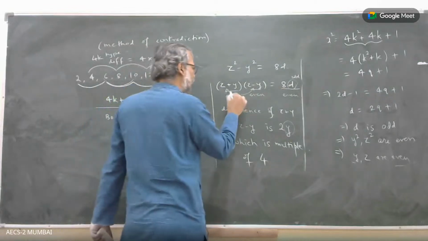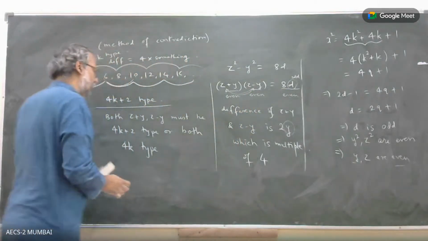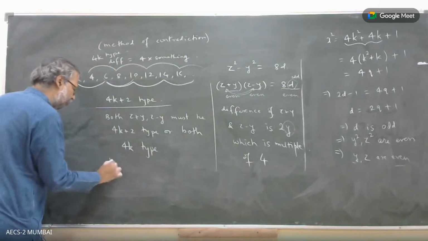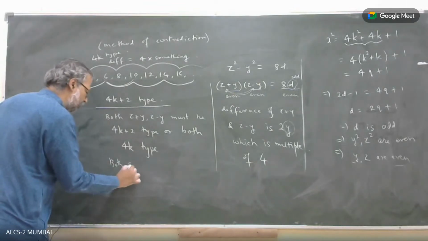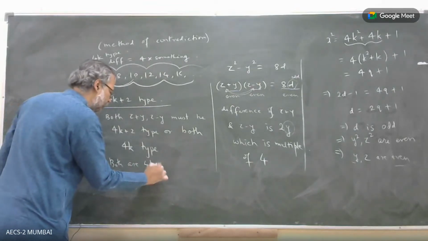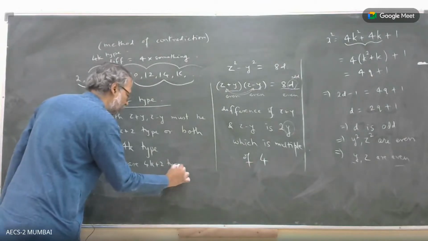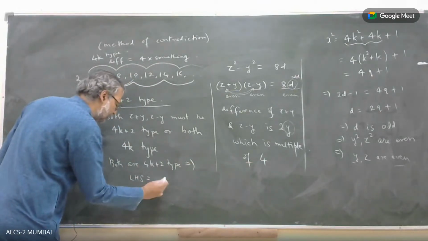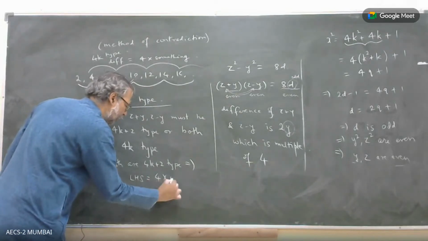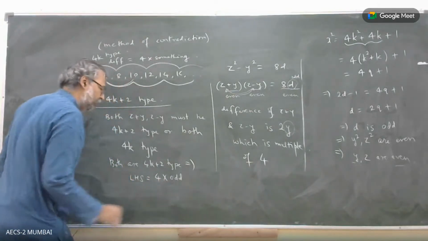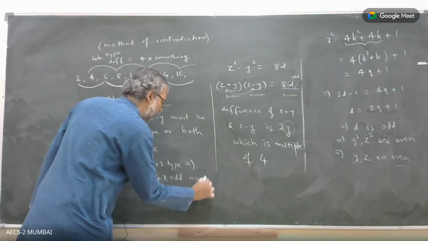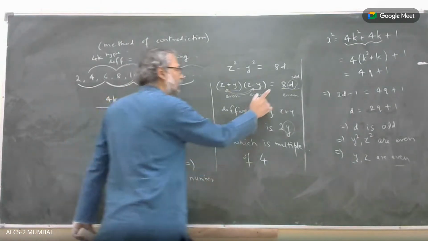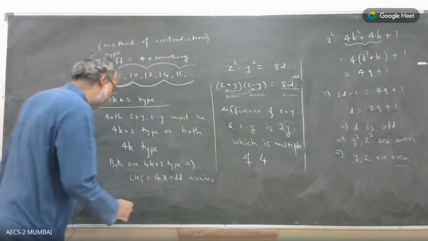So what we have is, if both are 4k plus 2 type, this implies LHS is 4 into an odd number, right? 4 into an odd number, and RHS is 8 into an odd number.